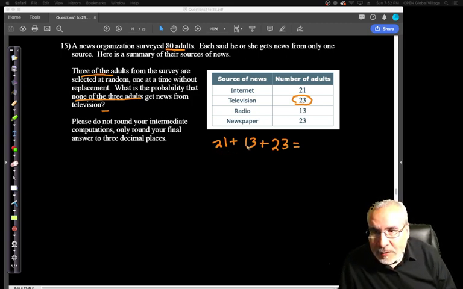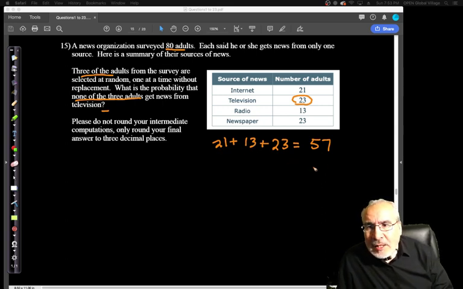So 6 and 1 is 7. 2 and 2 is 4 plus 1 more is 5. 57. 57 do not get their news from television.